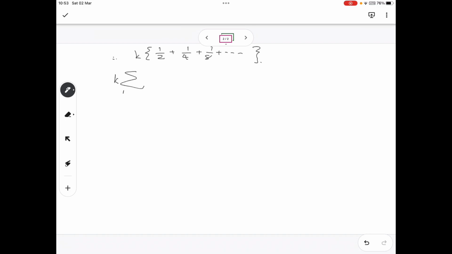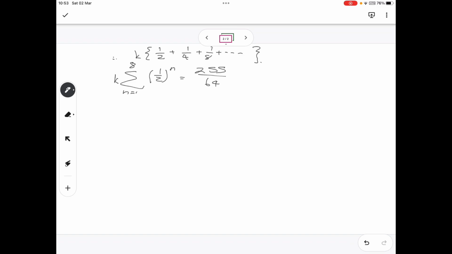And we can go back to sigma notation and have k, sum from n equals 1 all the way up to 8, of 1 over 2 to the power n, equals 255 over 64.